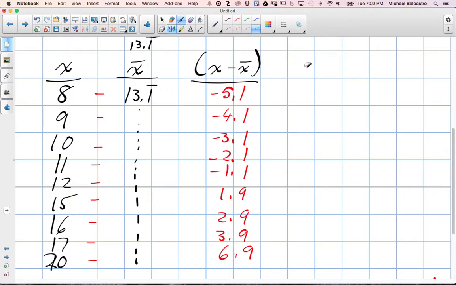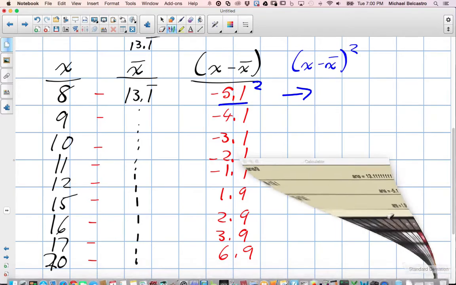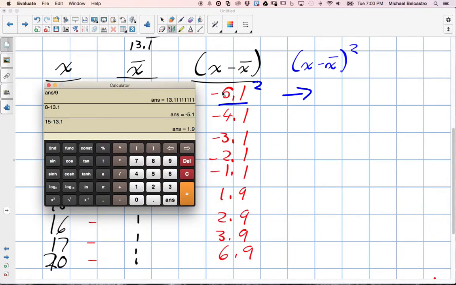The next thing is to take all of these numbers. The way they show it is x minus x bar, squared. All we're really doing is taking these values and squaring them. We know they're all going to be positive, because even if you have a negative times a negative, you still get a positive value.